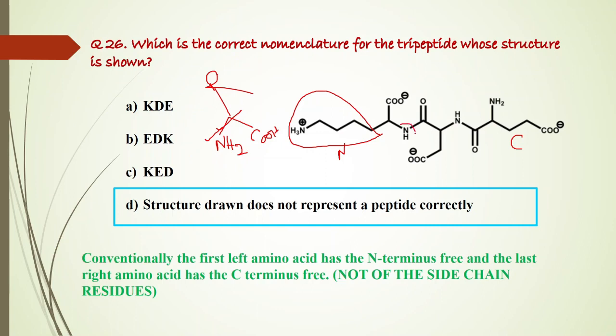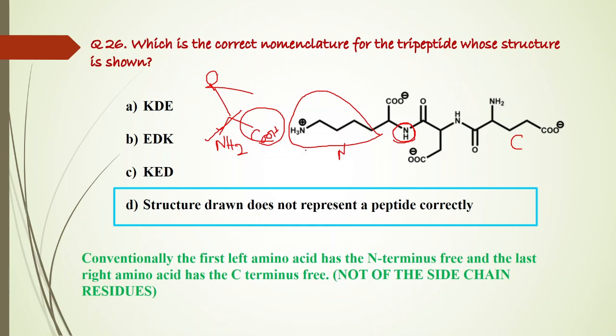This particular group, which has reacted here with another amino acid, should have been free for the proper writing of the peptide. The R group should have been here. This NH2 group should have been free for acting as an N terminal, and the next peptide bond would have been formed with the COOH group of K, followed by whichever amino acid residue is there. That residue's backbone NH2 will come here, and another amino acid's backbone NH2 will come here and form the amide bond.